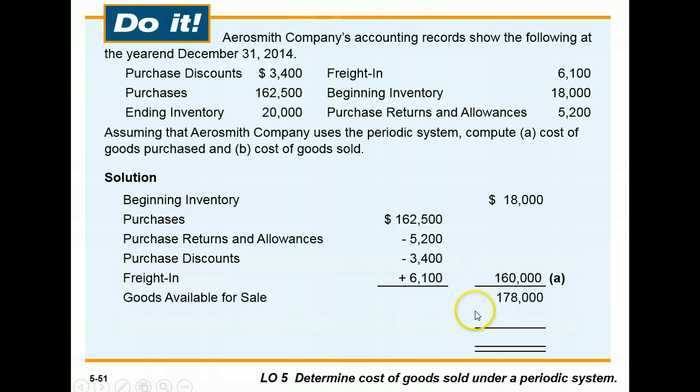Goods available for sale, 178. What are we going to do next? We're going to look at our ending inventory because the rest we sold. Okay? Know this, guys. Know that our purchase returns and allowances and purchase discounts get subtracted from our purchases, and we have to add our freight in here.